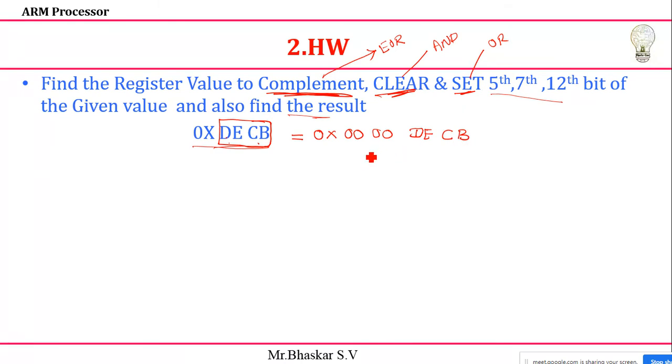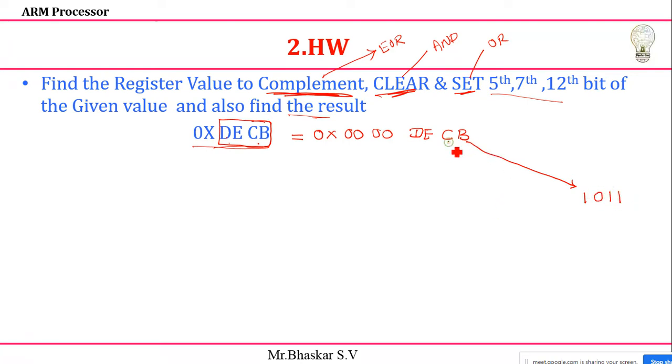Okay, first I will split this one. Later we'll identify the particular bits and directly I can write the register values. First you split this. What is the B value? 1 0 1 1.